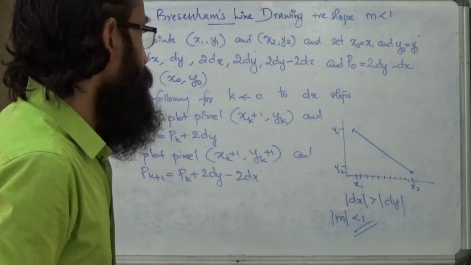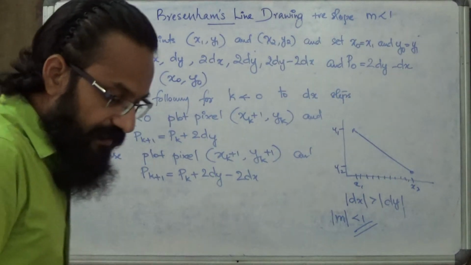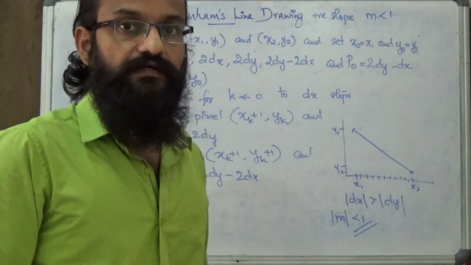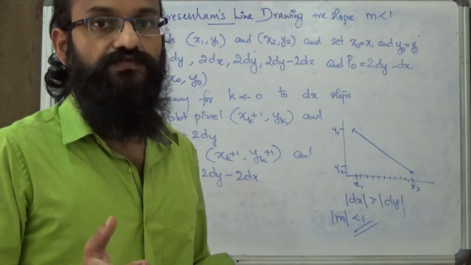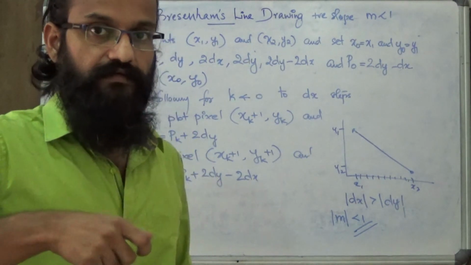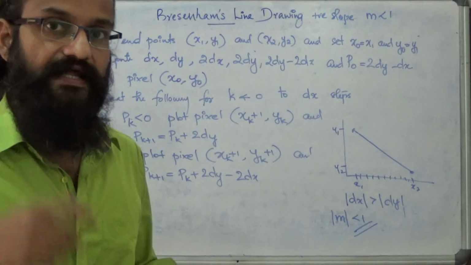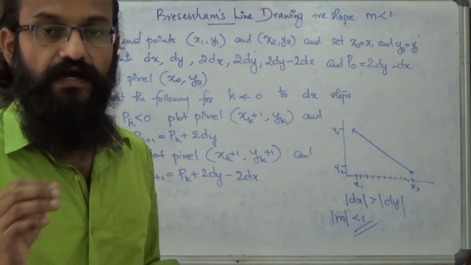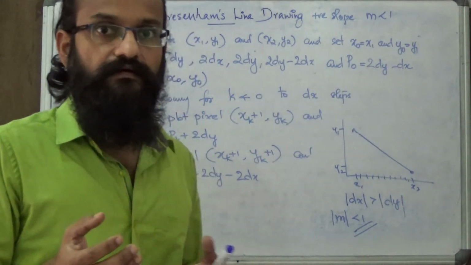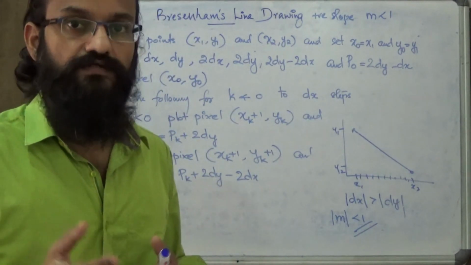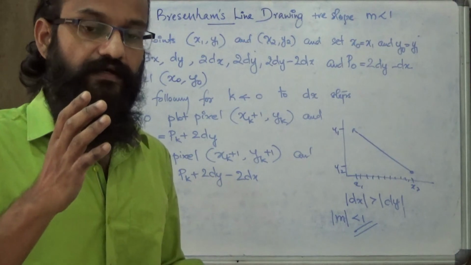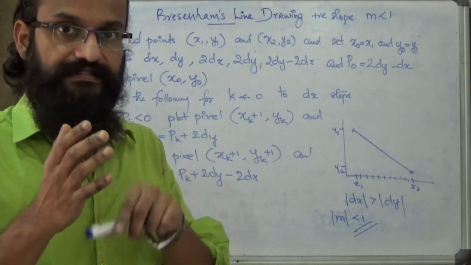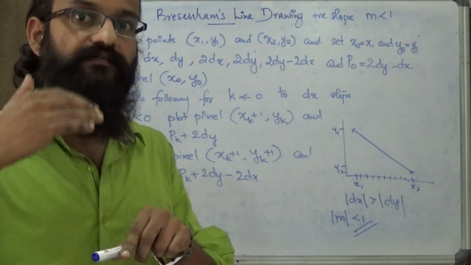Now this algorithm will not work for lines that are vertical and horizontal. So after reading the endpoints, you have to verify whether the line is not vertical and not horizontal. If the line is vertical, you just keep x unchanged and increment y by 1.